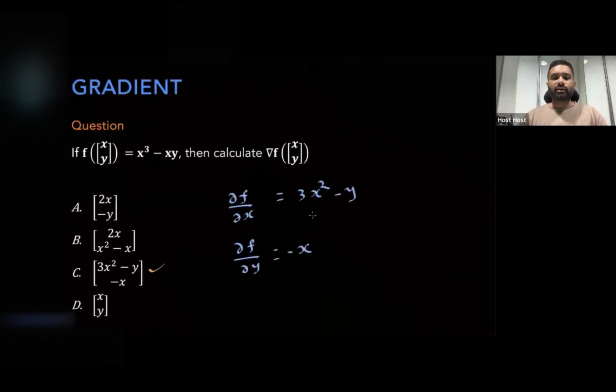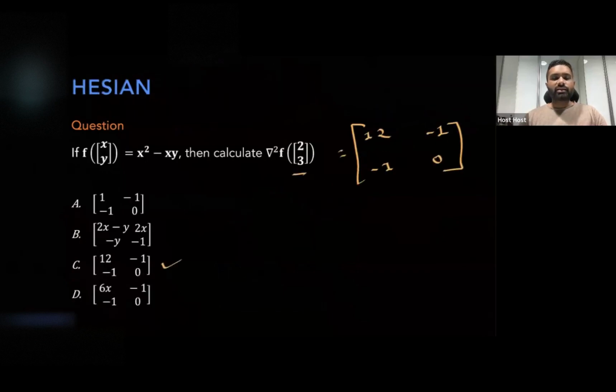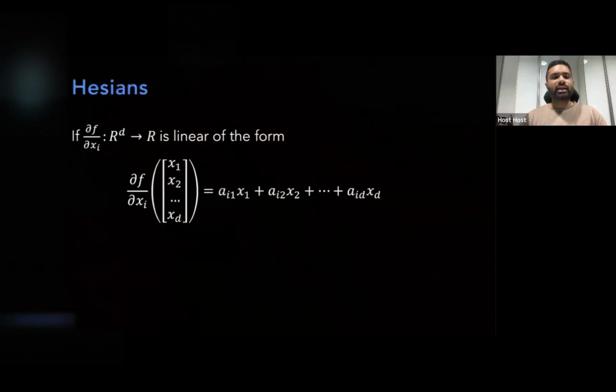Here del f by del x is not a linear function. Apologies for that. Since there is a second power of x being considered, it is not a linear function. And the original function was x to the power 3. But now I'm specifically interested in a function where del f by del x is a linear function.